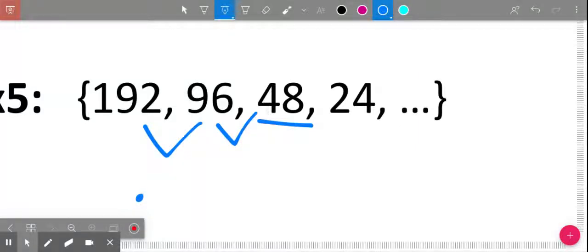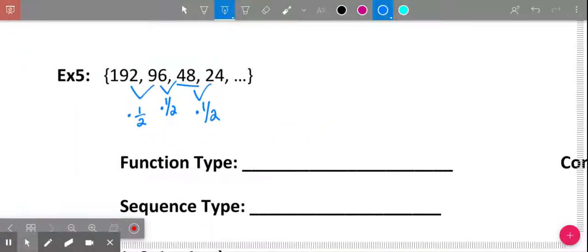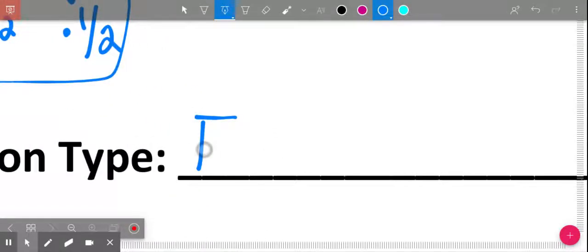Well, remember, to get smaller, we're multiplying by a fraction. Half of 192 is 96, so we're multiplying by 1/2. Half of 96 is 48, so we're multiplying by 1/2. And then half of 48 is 24, so we're multiplying by 1/2. Anytime we're multiplying, and that's our pattern, the function type is going to be exponential.